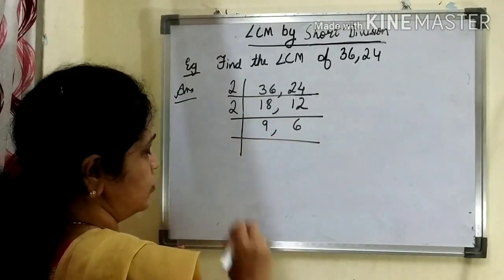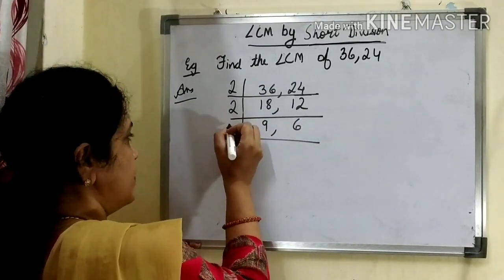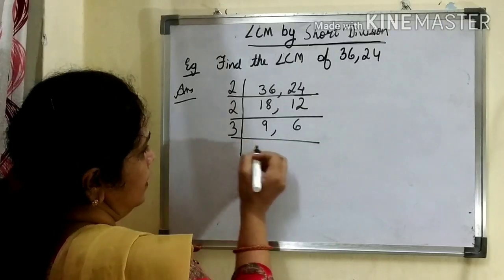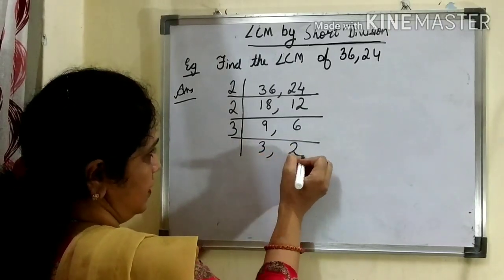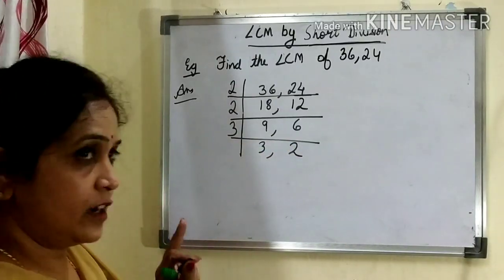Now 9 and 6 will go by the next prime factor, which is 3. 3 3s are, 3 2s are. Okay, now there are two ways.